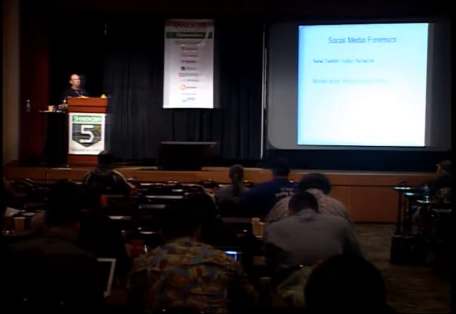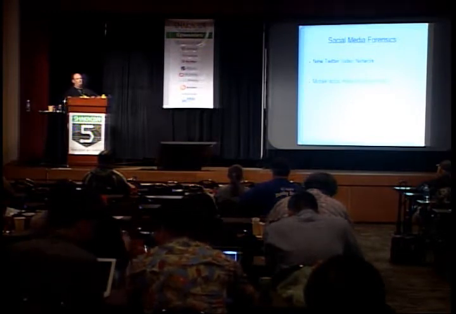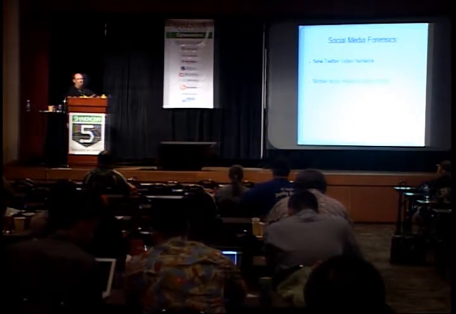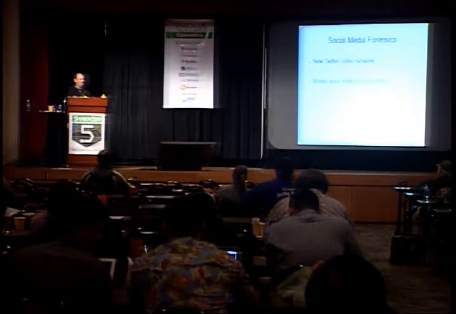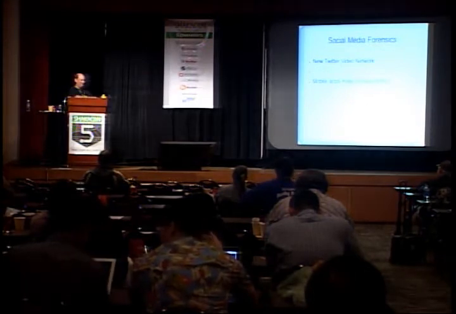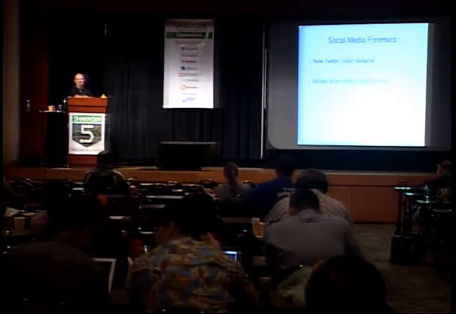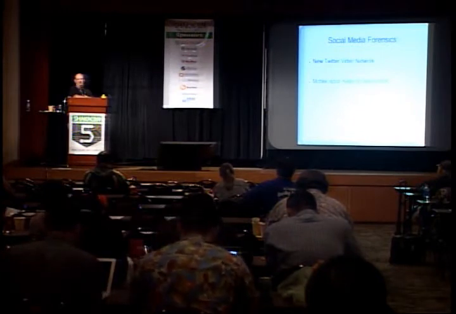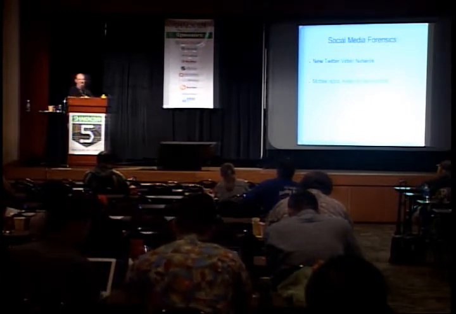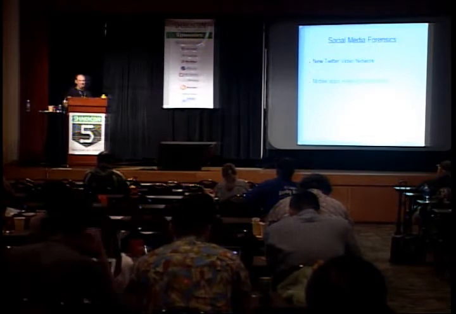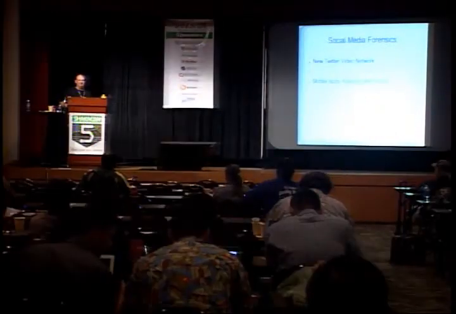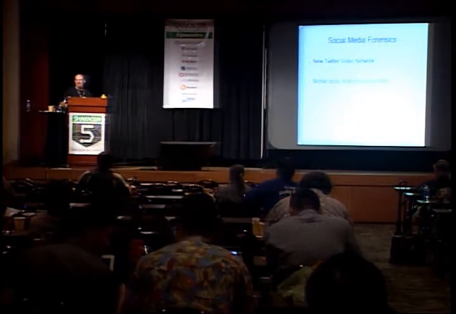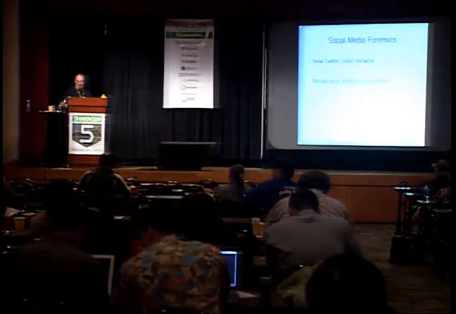Mobile apps are becoming very significant in the digital forensics world. A few years ago, all we saw was desktops with umpteen different browsers, and now we're seeing many different flavors of phones with literally thousands of different applications, many of which have some kind of API interface into a social network.